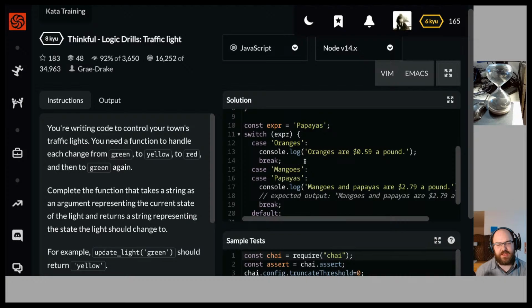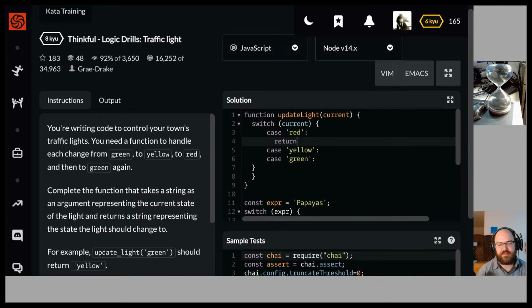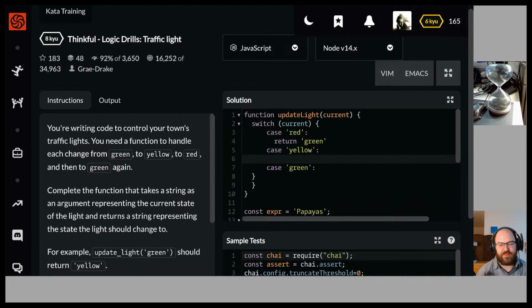And for each of these, we need a console.log. Actually, we don't need a console.log. We'll need a return and a break. Although the return maybe makes the break statement redundant, I'm not sure. So red goes to green. I'm going to try writing it without the break statements because I figure I have the return statements. Yellow goes to red.